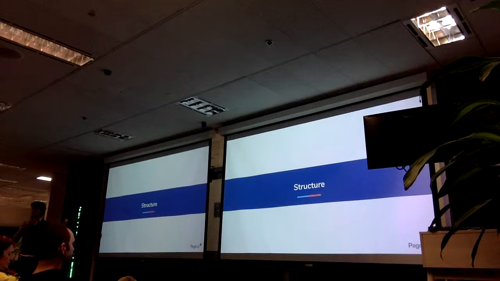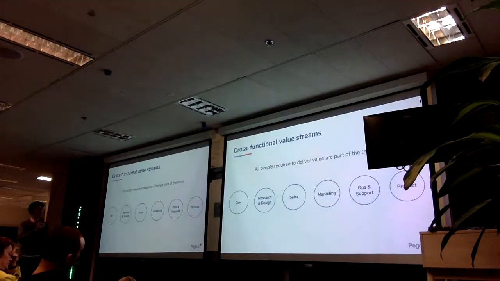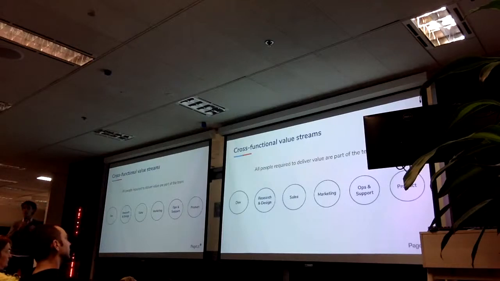Last to talk about is structure. When we spoke before about accelerating incremental and evolutionary innovation, one of the big issues for us was context switching. So a big thing that we changed was the structure. We set up our value streams, focused on specific value that provided end-to-end value to our customers.